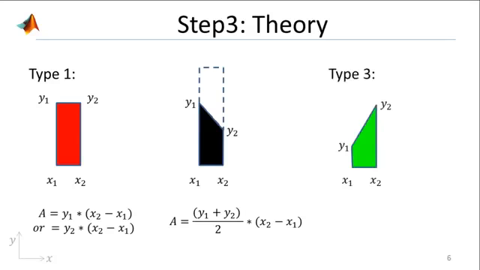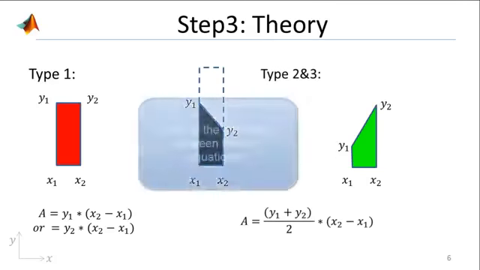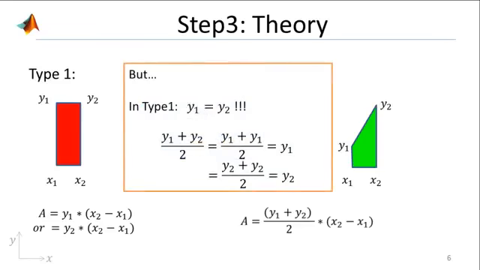If you look at type 3, it's actually identical to type 2. So already right here we realize we only have two equations. But let's see what the difference is between the two. The only thing that's different is the actual height. In one case it's just y1 or y2. In the other case it's the sum divided by 2. Try to compare type 1 and types 2 and 3.